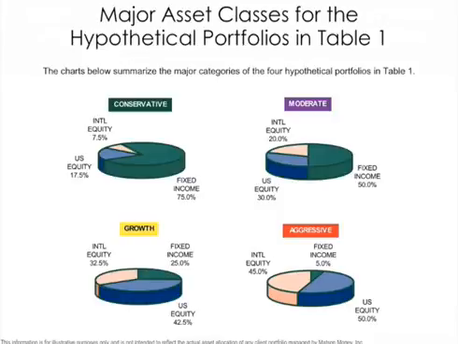Now again, before we move on, let me reiterate that these are back-tested hypothetical performance returns, and they're based on historical market data from various representative market indices for each asset class. And as I said, back-tested performance returns have inherent limitations and should not be considered to be indicative of future results. In particular, it does not reflect the performance of actual accounts, and there's no guarantee that an actual account would have achieved the same results.